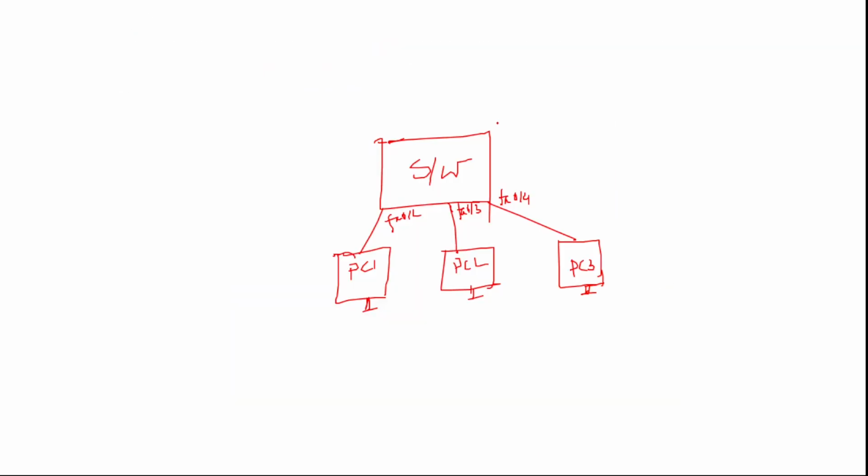Now we can look at the broadcast domain and collision domain in a switch. A switch uses broadcast to learn the MAC addresses of all PCs connected to its ports. So we can say a switch uses one single broadcast domain.